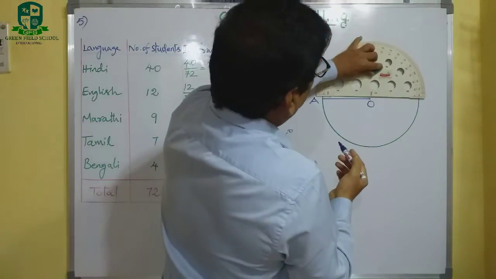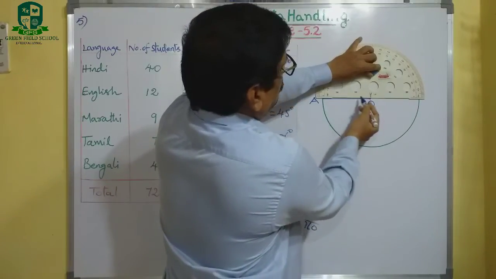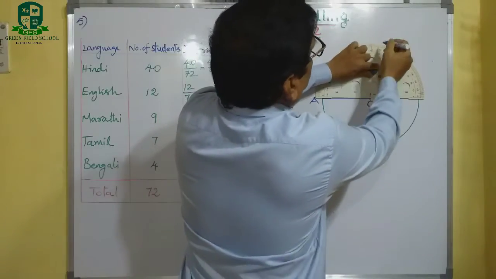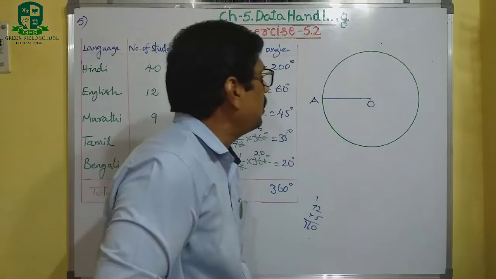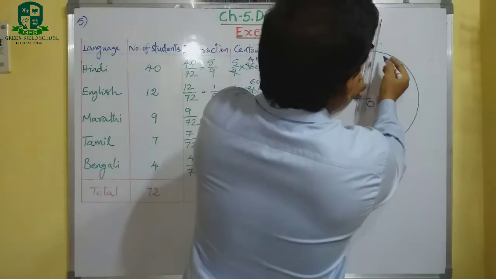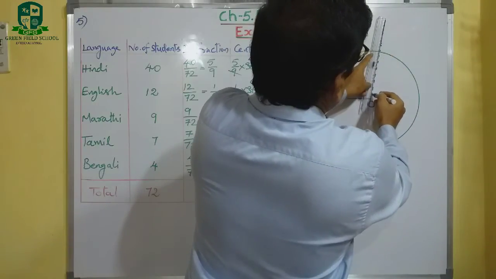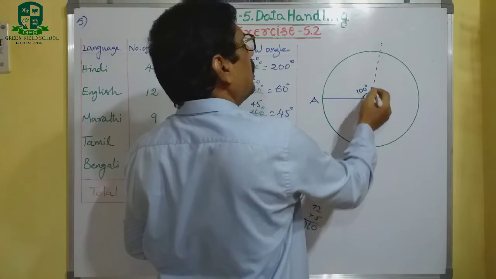Okay. First of all, let us draw 100 degrees. By keeping the center point at O, and this line should coincide with the down edge. So then 100. If you join with the help of a scale, this is not the permanent line. This is 100 only, not 200, only 100.